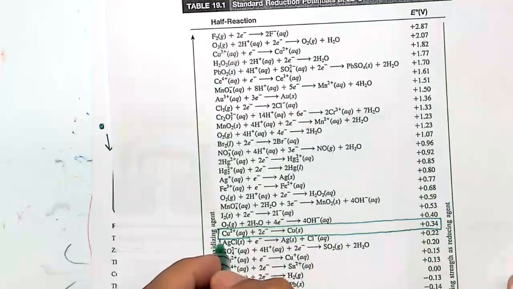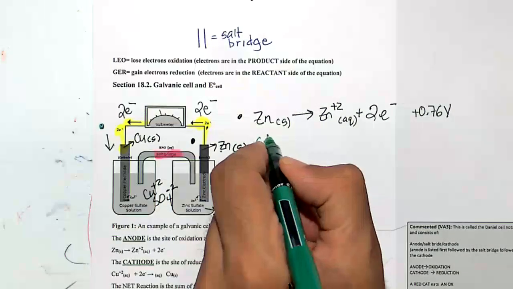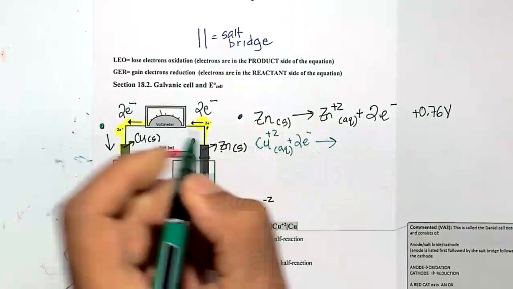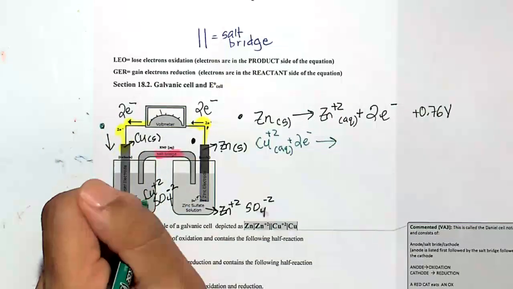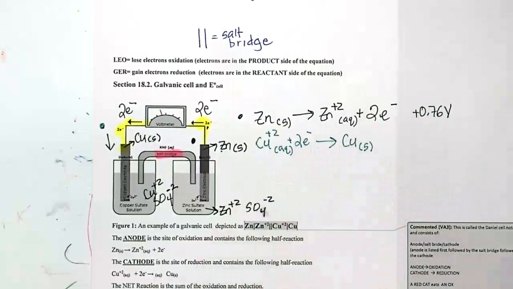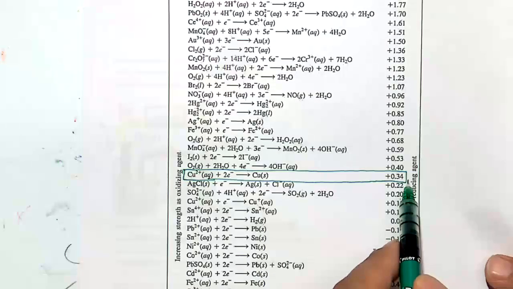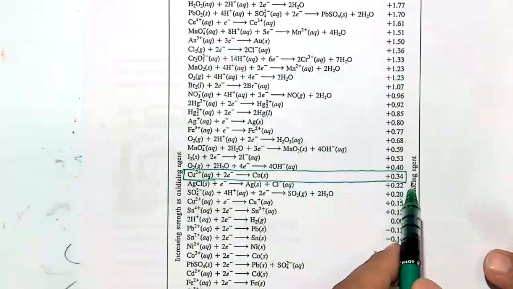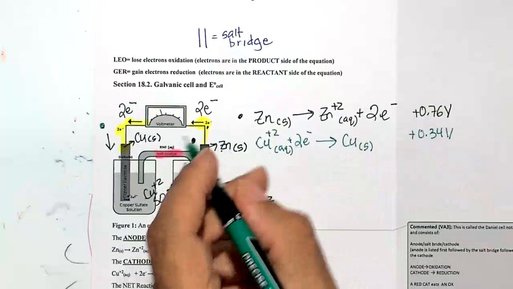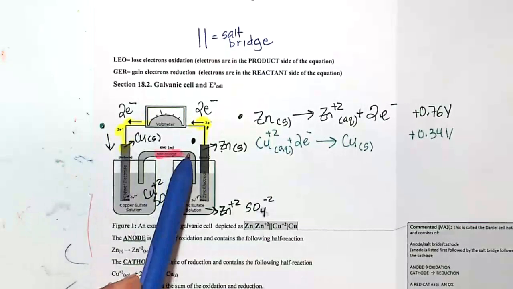Copper plus 2 right here gaining the 2 electrons going to copper solid. And what's the voltage associated with that? Positive 0.34 volts. Will I change this sign? No. So that's what's happening in the green beaker. This is what's happening in the black beaker.